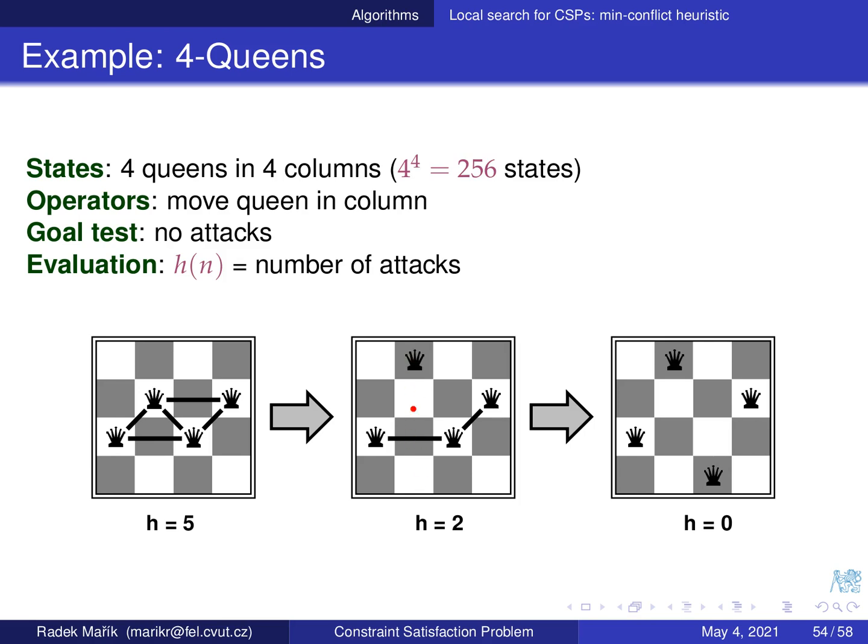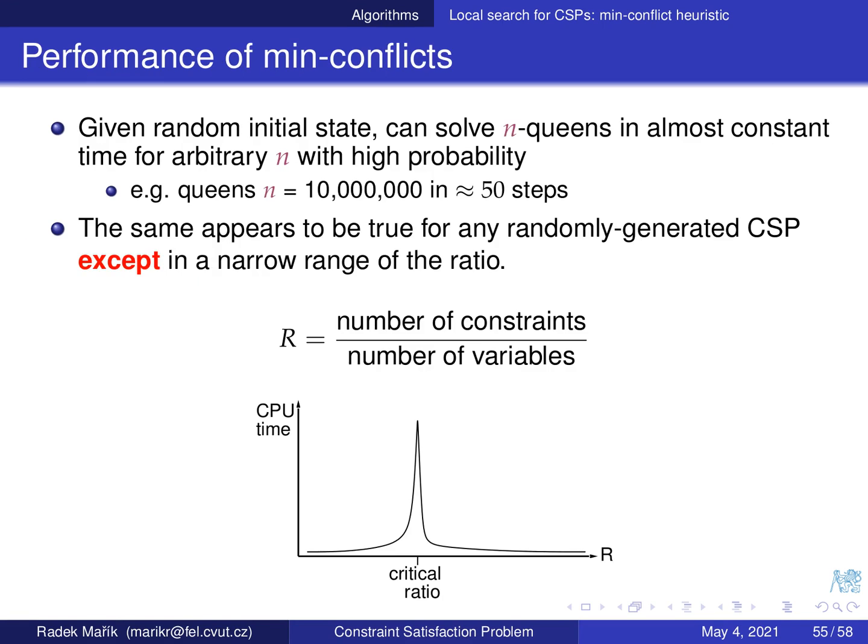You move it, you assign a value, and the number of attacks is now 2. If you select this queen that causes the attacks, you can move it again to the legal value, which is here, and you are done. You have a solution.